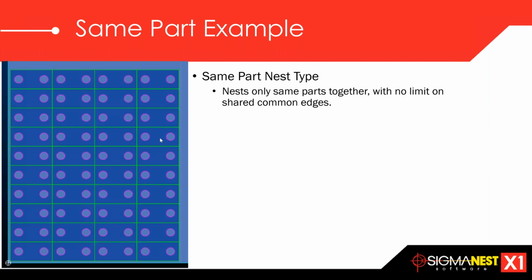The next option we have would be the same part. Now it's looking at all of the edges, and it will give you more of a grid pattern throughout the whole nest within that part.